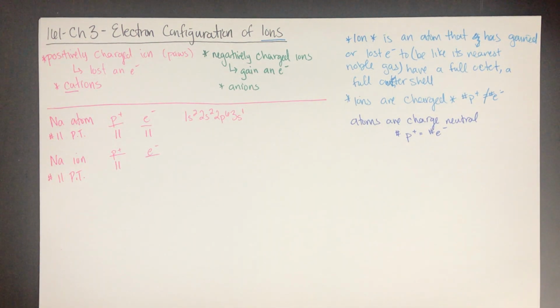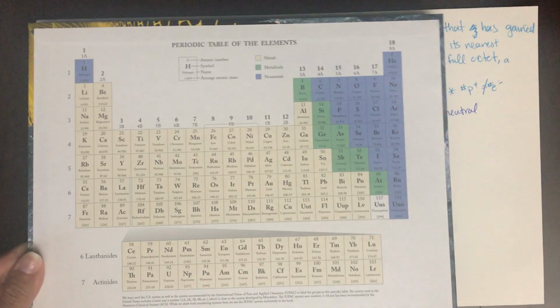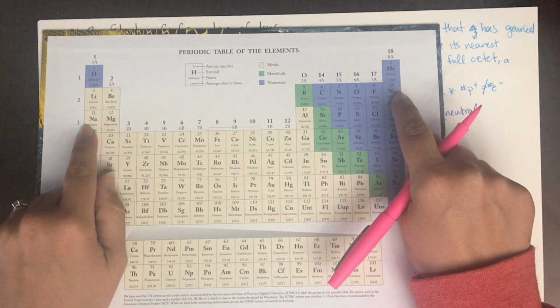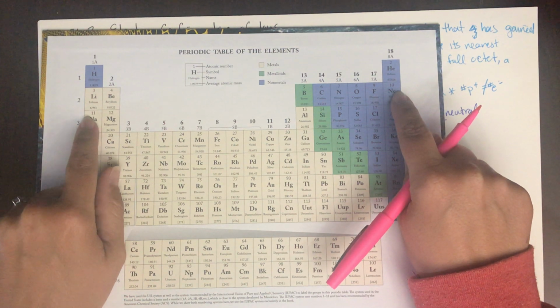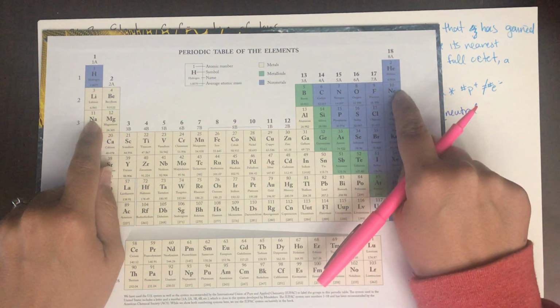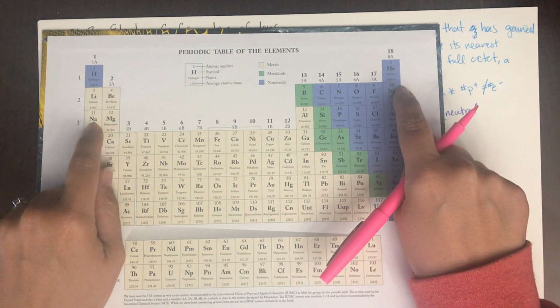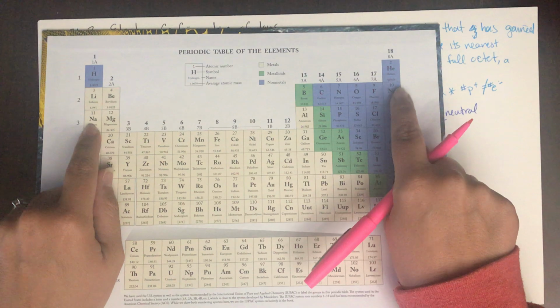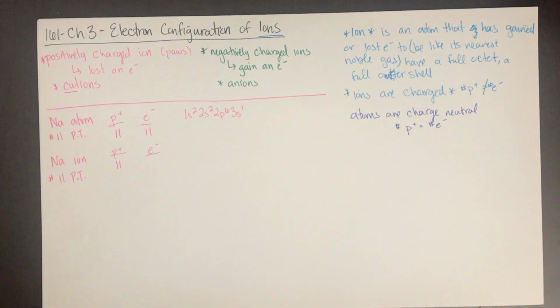It doesn't matter if it's the atom or the ion. Remember, it wants to gain or lose electrons to be like its nearest noble gas, and by nearest I mean the nearest number, not the same row. The nearest noble gas to sodium would be neon, which is just losing one electron, versus argon, which would be gaining 7 electrons. That's not going to happen. So sodium wants to be like neon, which means it wants to lose 1 electron.